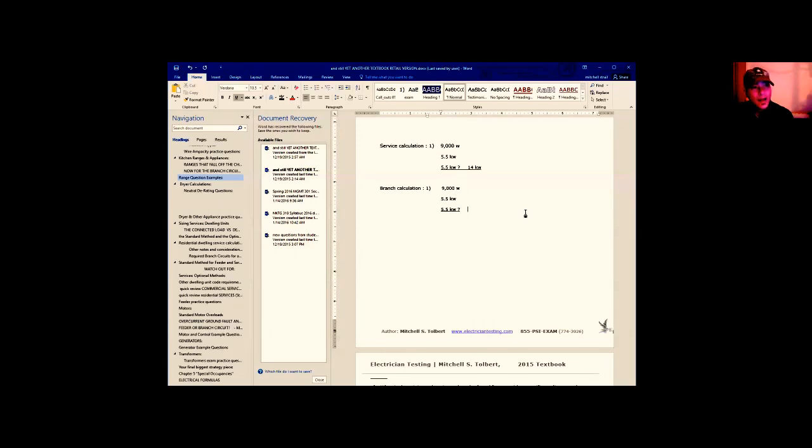That's right. So the 8,000 is the base number, right? So when I'm adding this 9 and this 5.5 and this 5.5 together, what does that add up to be? 20 kW. So I've got one range here that's equal to 20 kW. And remember how you did it a minute ago, you took the first 12 of that number and substituted 8,000 watts, right? And then what did you do?